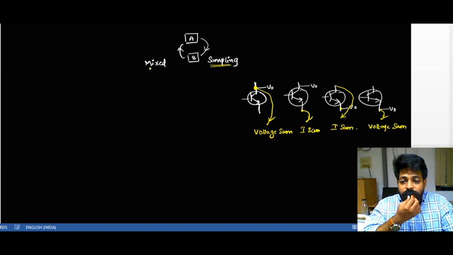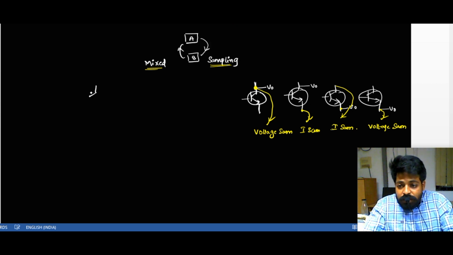In a similar fashion, let us go with the mixing type. In a transistor circuit at the input side, this is my base terminal and this is my emitter terminal. So the actual input of the transistor is plus here and minus here.